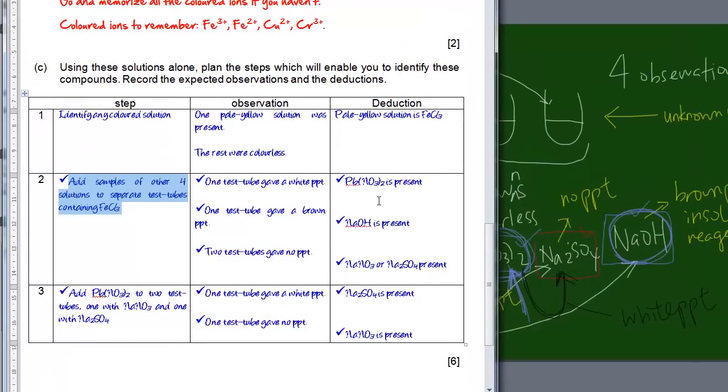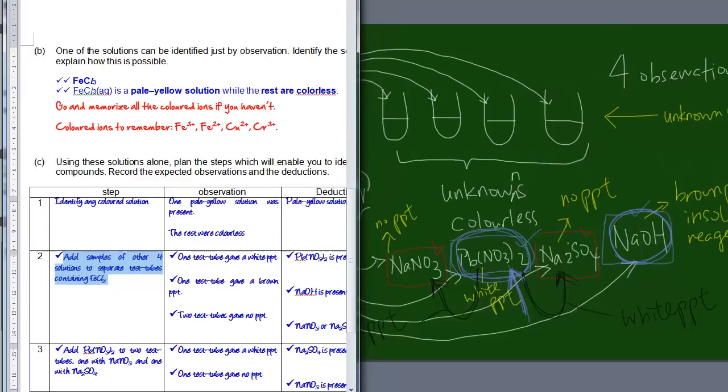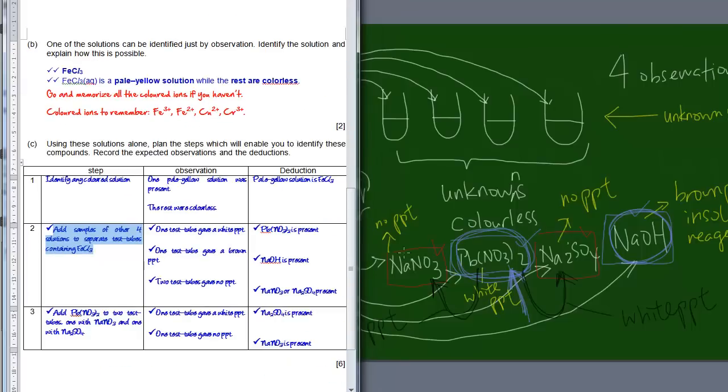So if one tube gives a white PPT, it will be PbNO3. If one tube gives a brown PPT, it will be NaOH over here. For the 2 tubes that give no PPT, it would either be NaNO3 or Na2SO4, which is this one and this one.